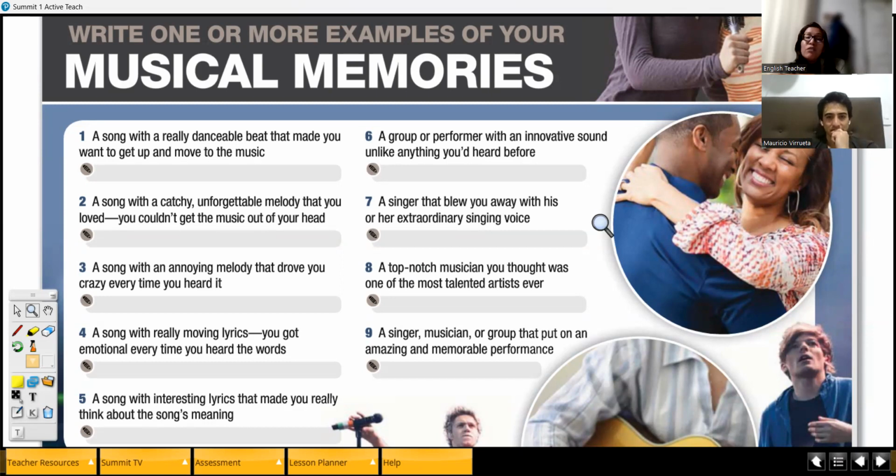A top-notch musician you thought was one of the most talented artists ever. Maybe Michael Jackson or Freddie Mercury. Well, I don't know if Michael Jackson was a musician, because to be a musician, you need to play instruments.